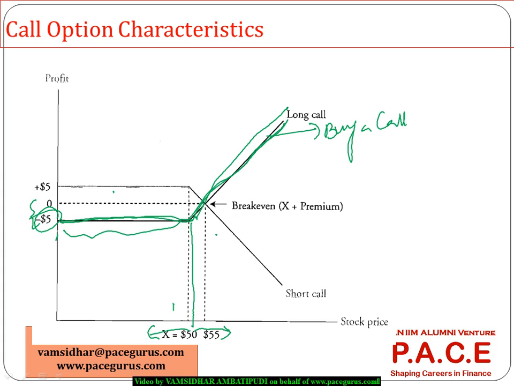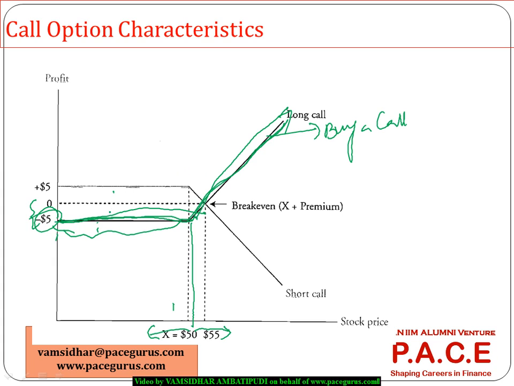Similarly, the opposite position. Here what we could see, the loss for this position is limited to $5. He will not lose beyond $5. But there is a possibility of gaining a bigger amount also. That is what we talk about as asymmetric payoff.